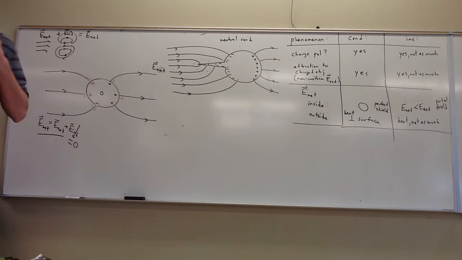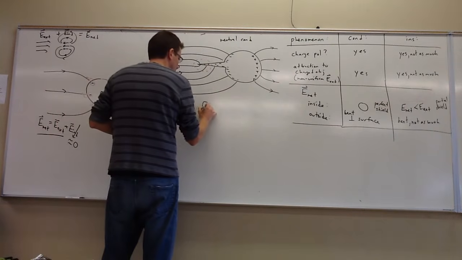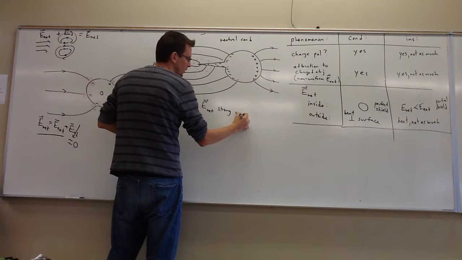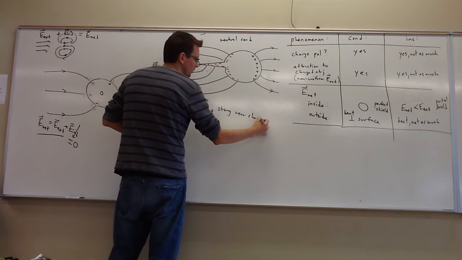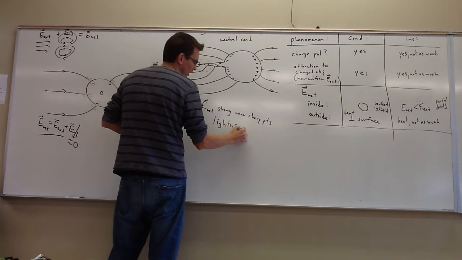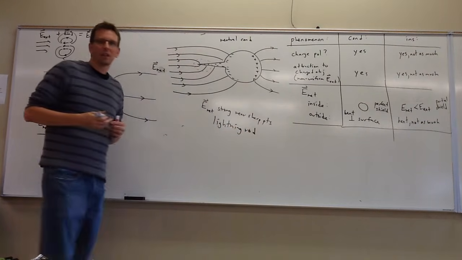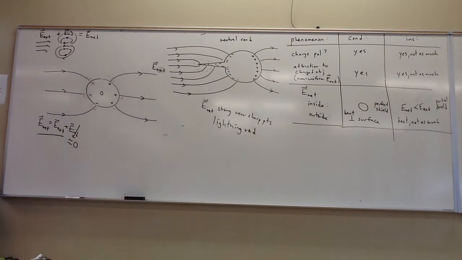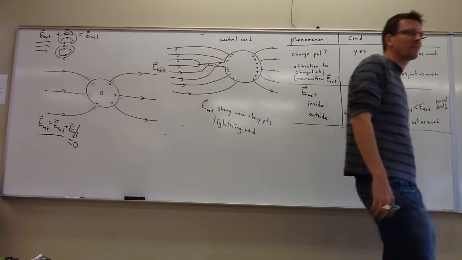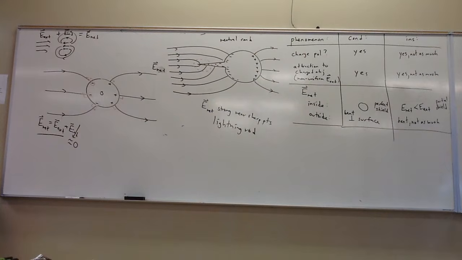This premise is used to build something called a lightning rod. So the electric field is very strong near sharp points, and we can use this to build what's called a lightning rod. A lightning rod is something you stick on top of a building, and a common misconception about them is that they're there just in case lightning strikes.